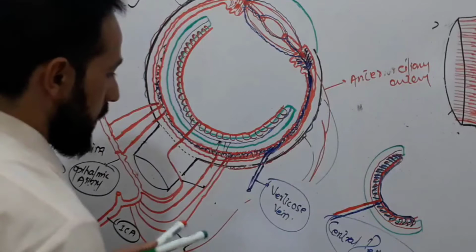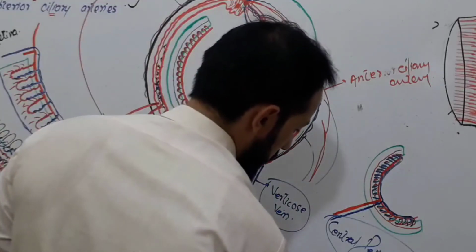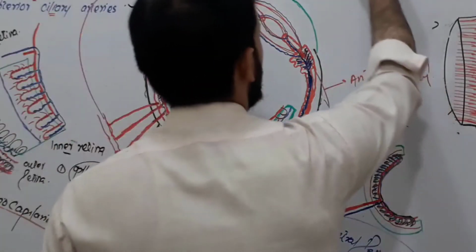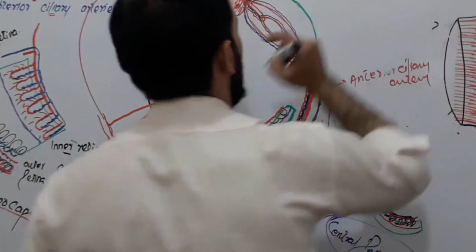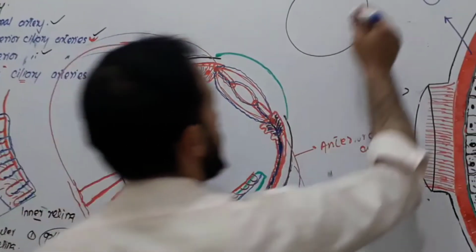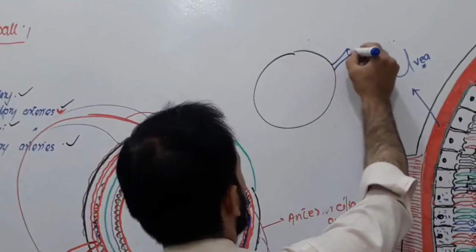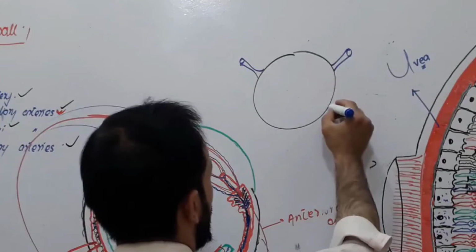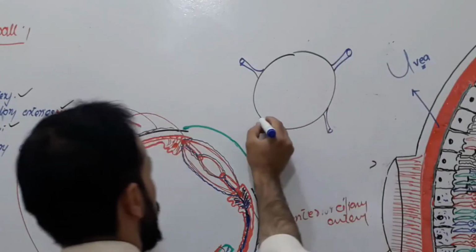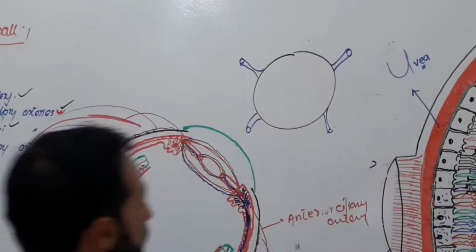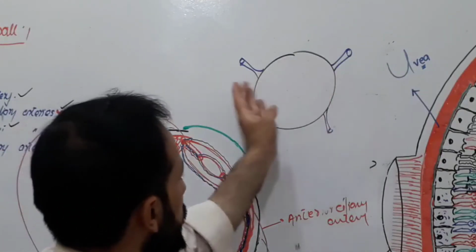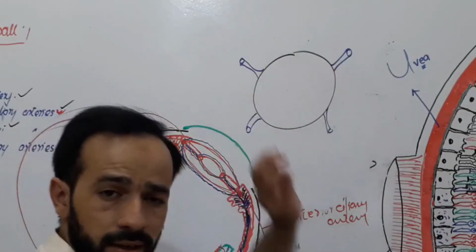So central retinal vein, vorticose vein. Now the central retinal vein is only one, but vorticose veins are four. How? Look carefully. This is your eyeball, so one vorticose vein will come out from there, and one from there. One from the right and left inferior sides, and one from the right and left superior sides, or nasal and temporal.